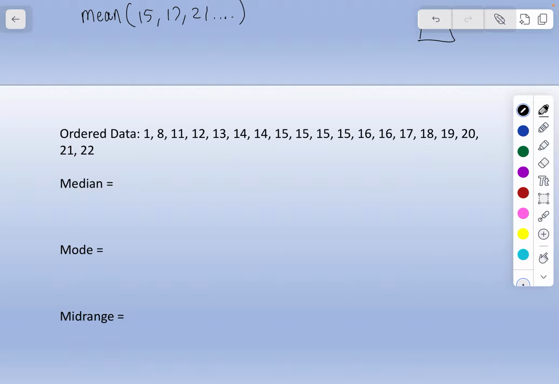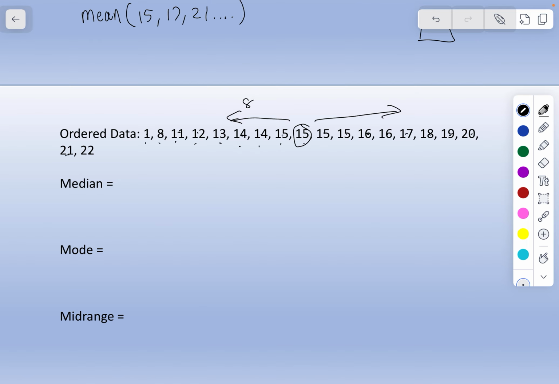So find the 9th value, 1, 2, 3, 4, 5, 6, 7, 8, 9. If you think about it, for 19, there are 8 pieces below the 9th value. There are 8 pieces above, or is it 9 pieces? 1, 2, 3, 4, 5, 6, 7, 8 below, 1, 2, 3, 4, 5, 6, 7, 8, 9.